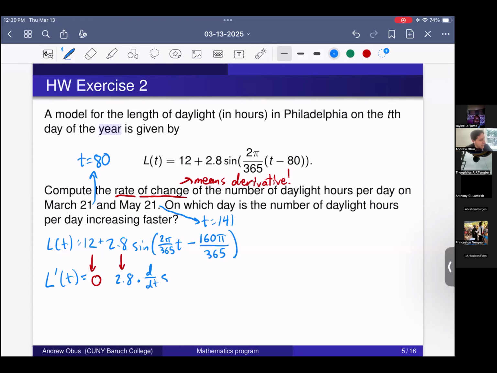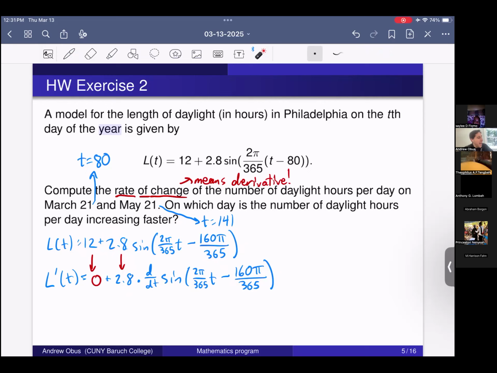So it's 2.8 times the derivative of sine of 2 pi over 365t minus 160 pi over 365. I didn't really do anything here. The 12 becomes 0. The 2.8 just stays along for the ride because it's a constant. When we multiply by a constant, that constant stays. And then we have d dt of whatever is left.